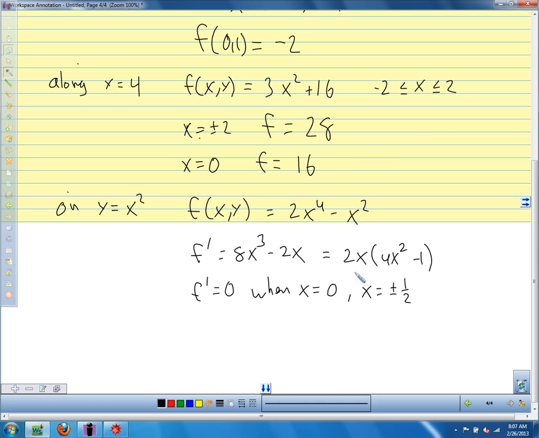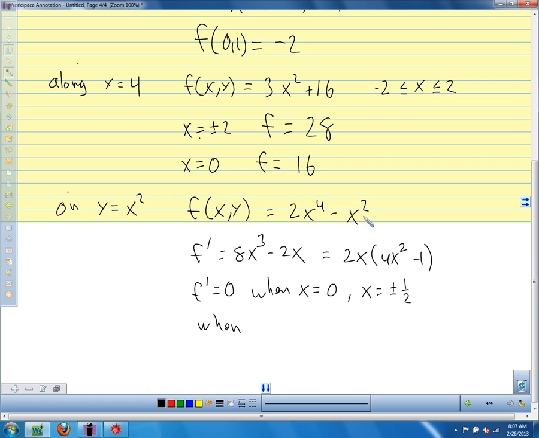So f of 0. We already know that when x equals 0, our function is actually on this boundary. When x equals 0, f is 0. You're putting it back into, not putting it back into the first. Right. So on this boundary, this is the function.